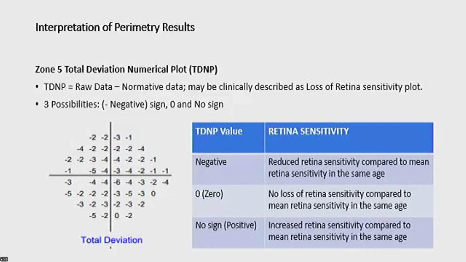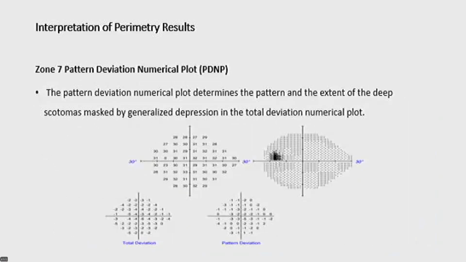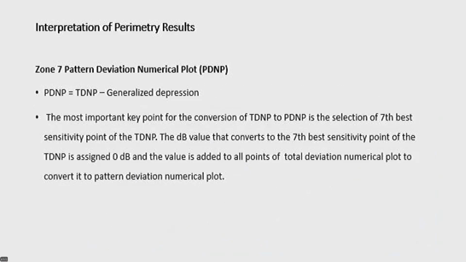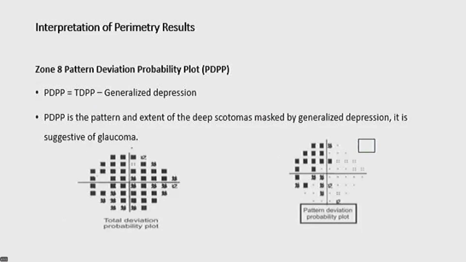So moving forward, we go on to understanding what the pattern deviation tries to explain. The pattern deviation simply tries to explain the removal of the presence of generalized depression from the total deviation numerical plot. So what this means is that we attempt to find the 7th best sensitivity in the total deviation numerical plot and add it on to all of the numbers and get the pattern deviation.